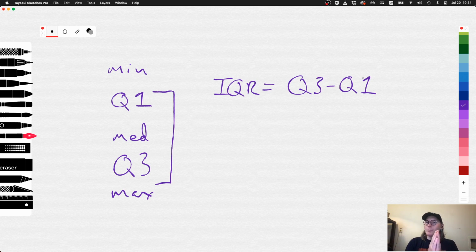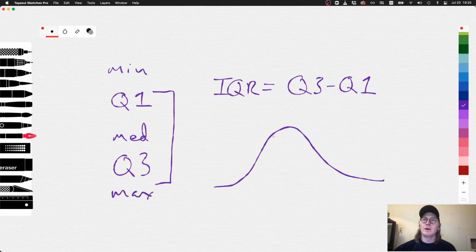We're going to think about that as a representative portion of our data. It's sort of like taking the median and expanding it out to be inclusive. When we're looking at some kind of distribution, something a little bit normal-ish, we're often interested in the most commonly occurring stuff. Although the IQR doesn't really tell us the most commonly occurring stuff, it does give us some idea of the middle and something that's representative.